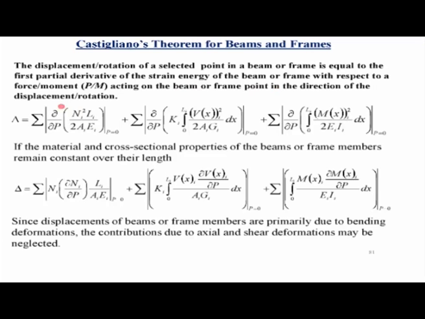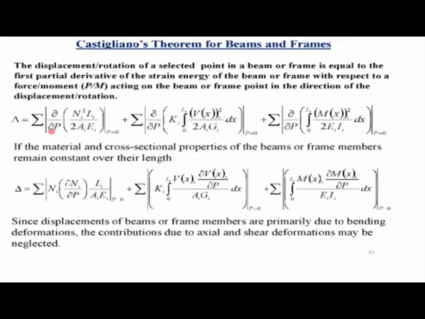So here again, you take the internal strain energies due to axial deformation, shear deformation and bending deformation, and take the partial derivative of the internal strain energy with respect to that load P that you are applying to calculate the deflection. The internal strain energy due to axial deformation is Ni squared Li over 2AE.